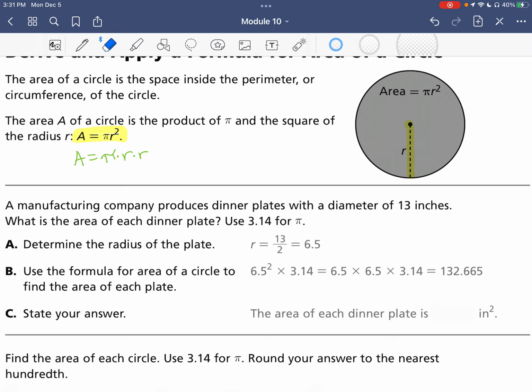Okay, so to put that into a sentence, because we always want to know what we're figuring out, the area of each dinner plate is 132 and 665 thousandths inches squared.